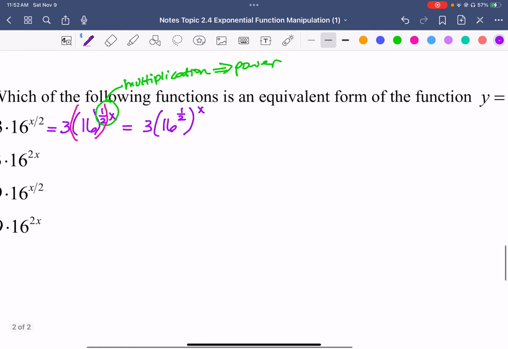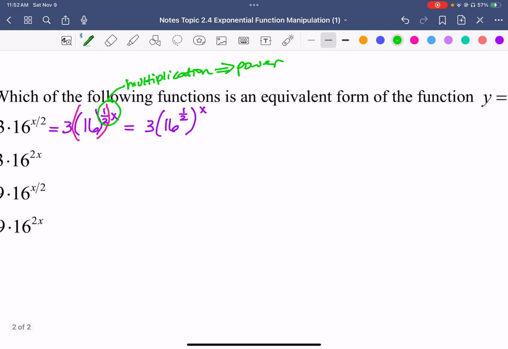Okay, but now we have an exponent that's a fraction. Good thing we have a property for that. That's called the fractional exponent property, which was on the first page. So I'm going to carry the 3 because I still haven't used it. What the fractional exponent property says is that you take the denominator of the fraction, and that'll be your root.